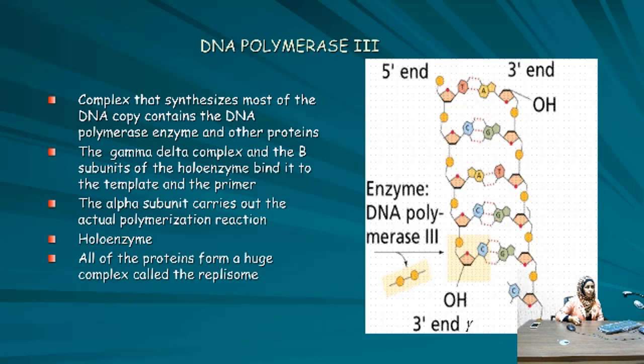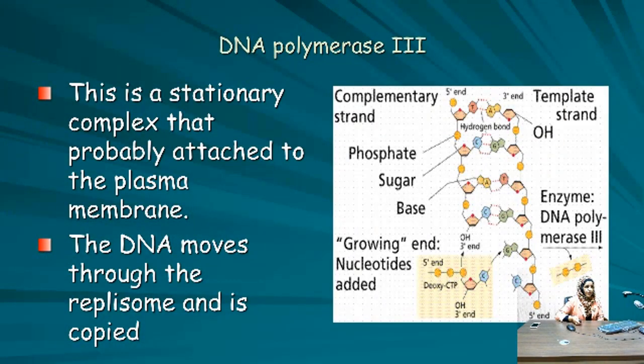The holoenzyme and all the proteins form a huge complex called the replisome, DNA polymerase 3. This is a stationary complex that is probably attached to the plasma membrane. The DNA moves through the replisome and is copied.